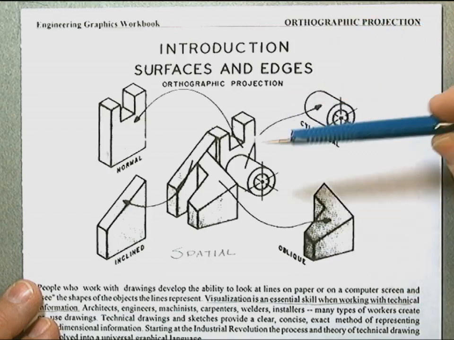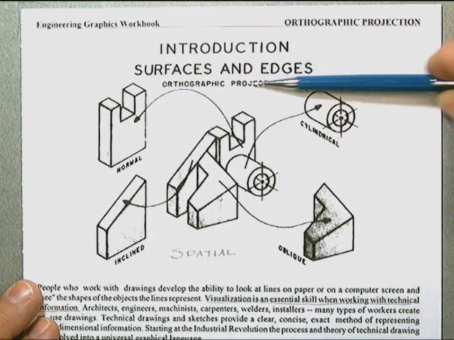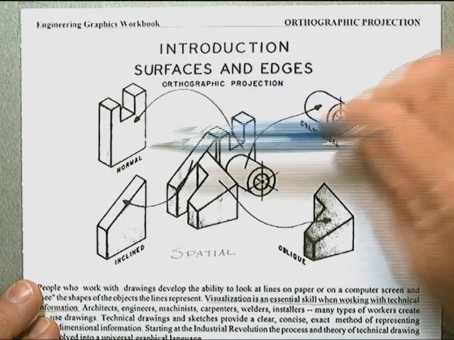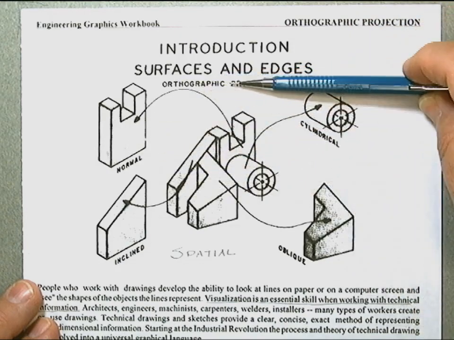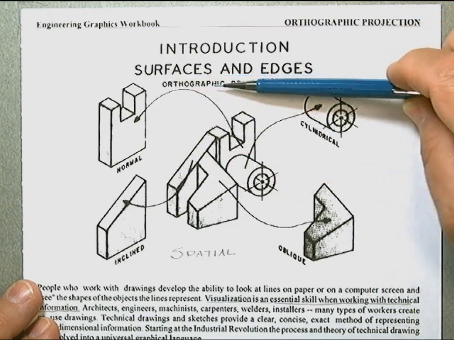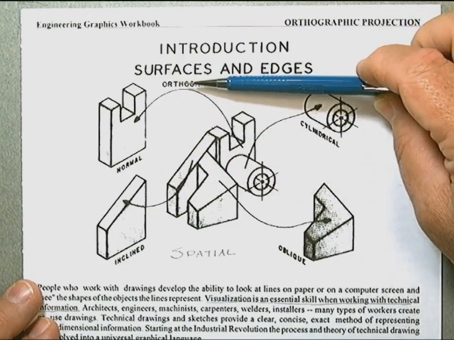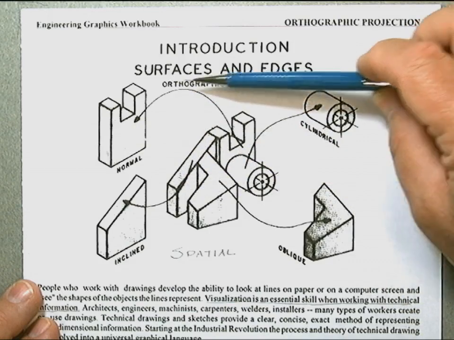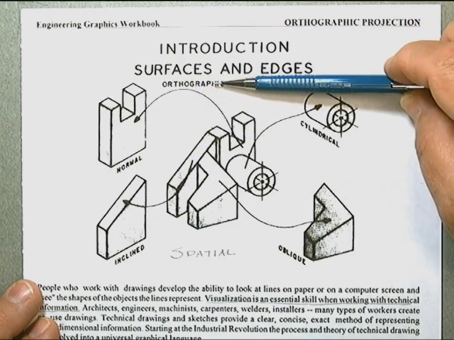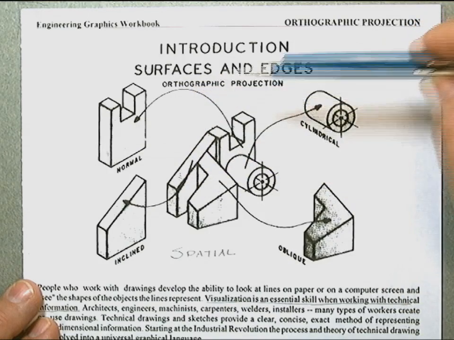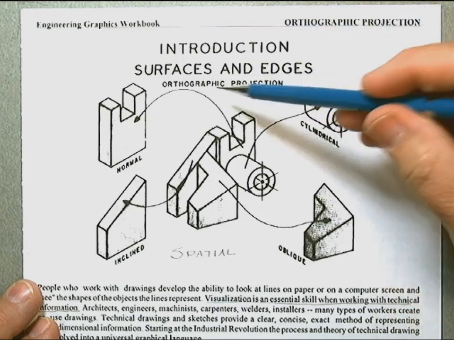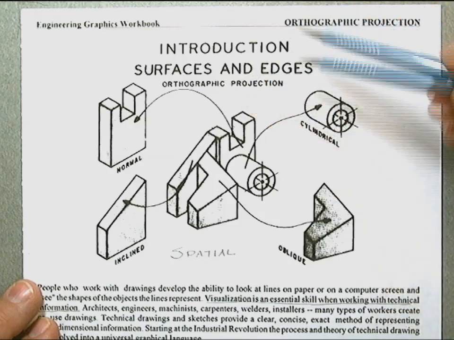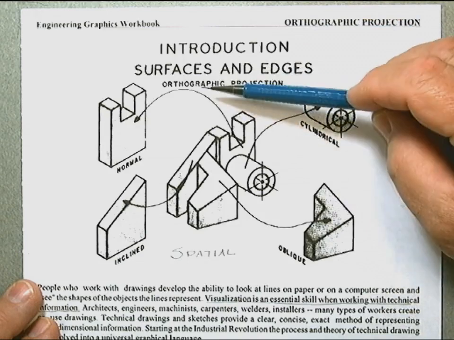In the study of orthographic projection, orthographic is a Greek word meaning writing at right angles. Ortho meaning right angles. Graphic comes from the word graphos, which means to write. So we're projecting at right angles.